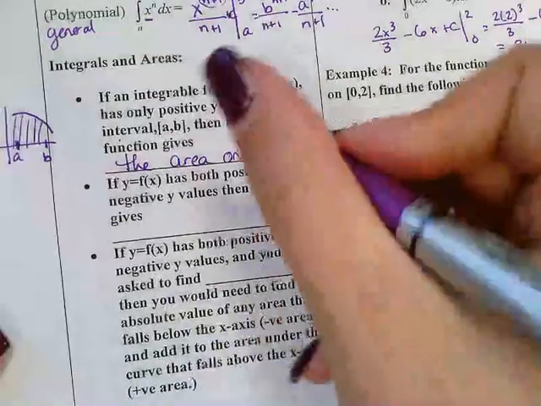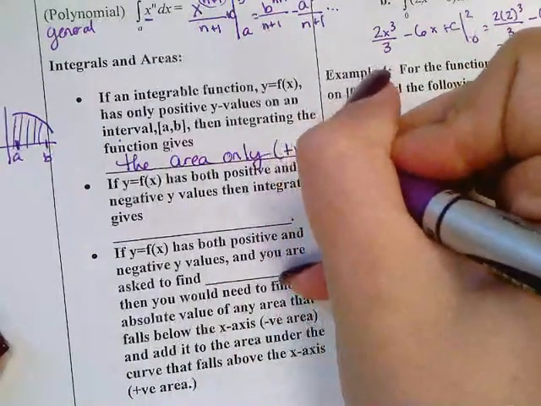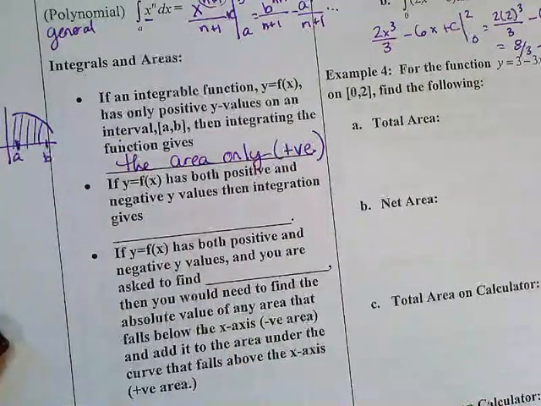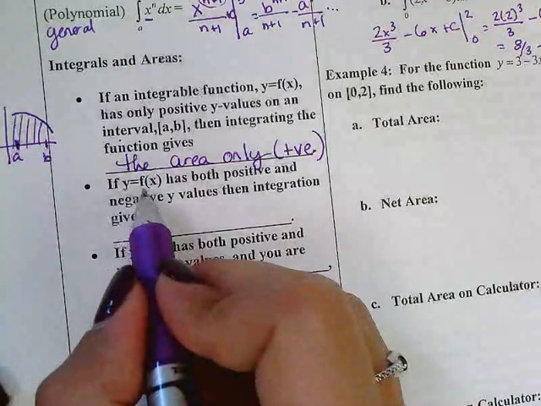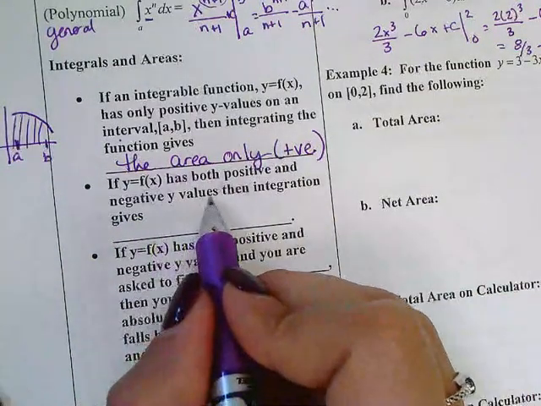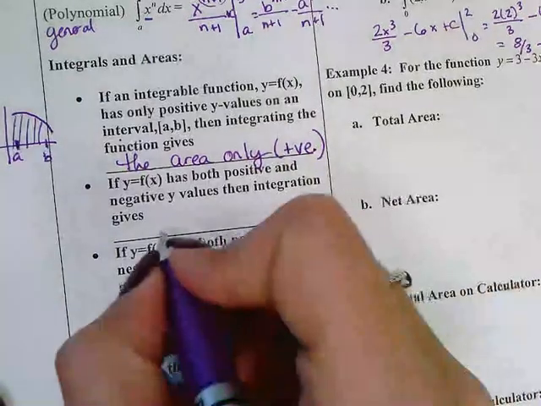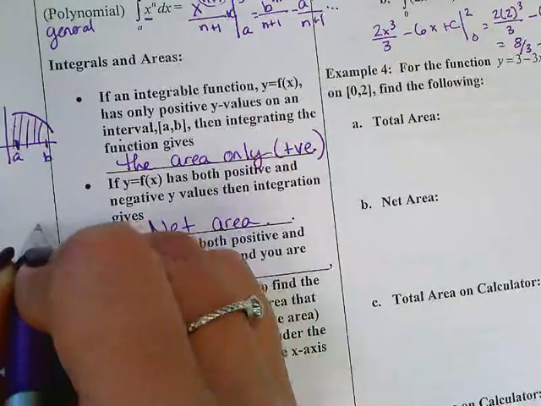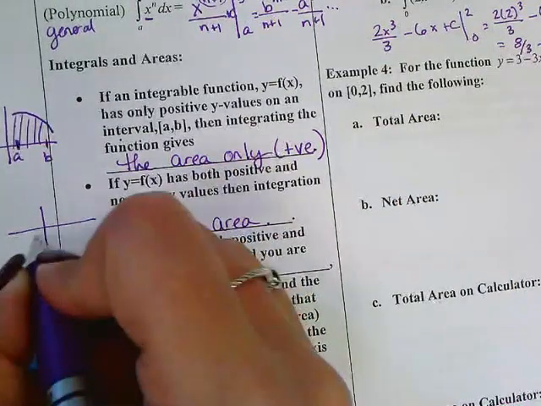Okay, and it gives you only the positive values, the positive integral. Now, if y equals f of x has both positive and negative y values, then integration gives you the net area.